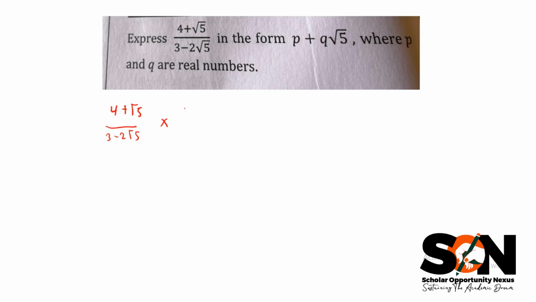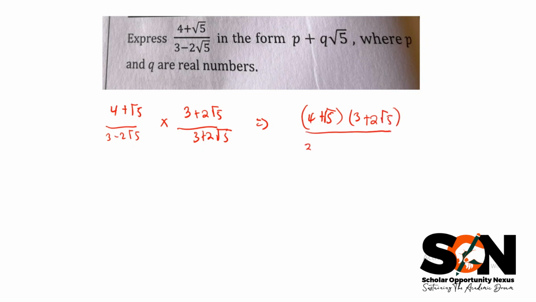So we have times 3 plus 2 square root of 5 all over 3 plus 2 square root of 5. Then this should give you 4 plus square root of 5 multiplying 3 plus 2 square root of 5 all over 3 minus 2 square root of 5 times 3 plus 2 square root of 5.